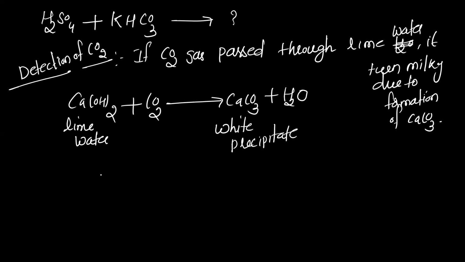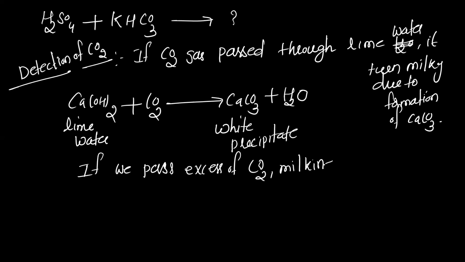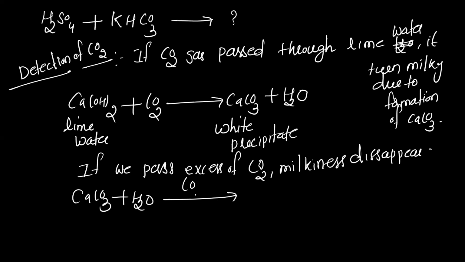But remember, if we pass excess CO2, the milkiness disappears. Why? If I pass excess CO2 in this reaction, CaCO3 plus water, through the solution, what will happen?